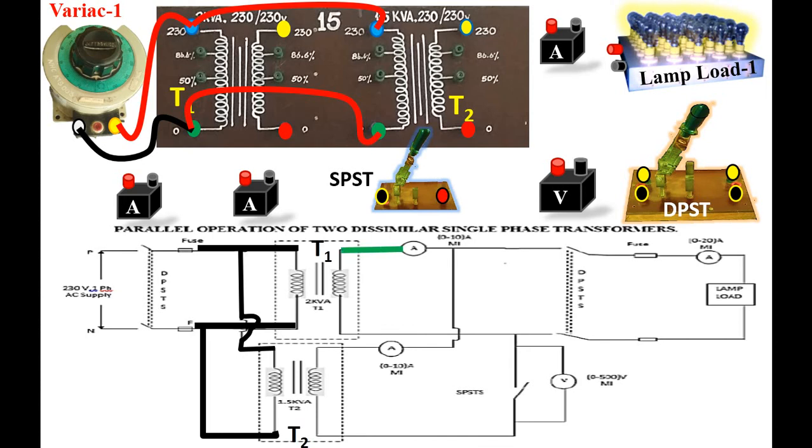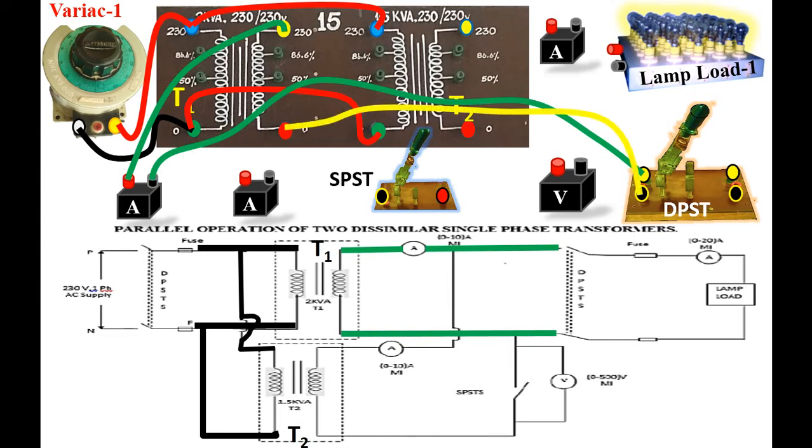Next, T1 secondary 230 is connected to one end of ammeter. I repeat, T1 secondary is connected to one end of ammeter, and the other end of the ammeter is connected to your DPST switch. And then your T1 secondary 0 is connected to the other end of DPST switch. Now, from the junction between ammeter and DPST switch, connect another ammeter.